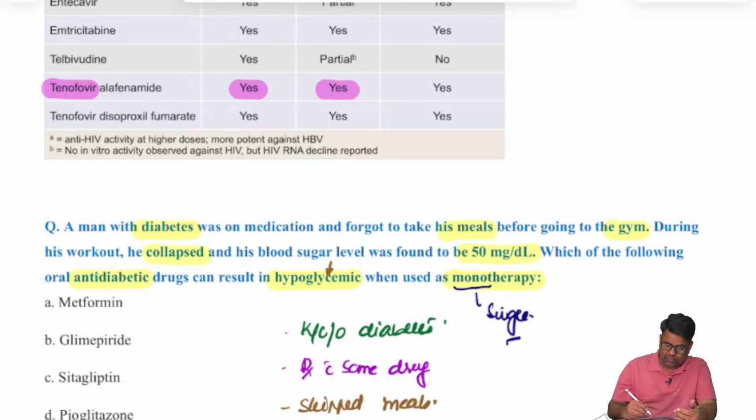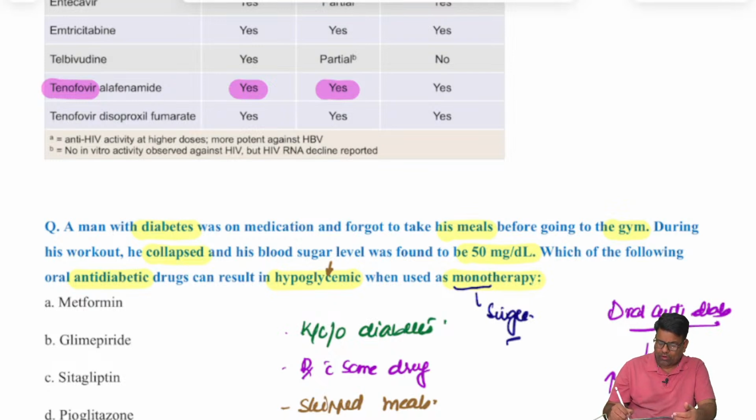the one which will promote release of insulin. So oral antidiabetic drug which promotes release of insulin is liable to cause hypoglycemia.